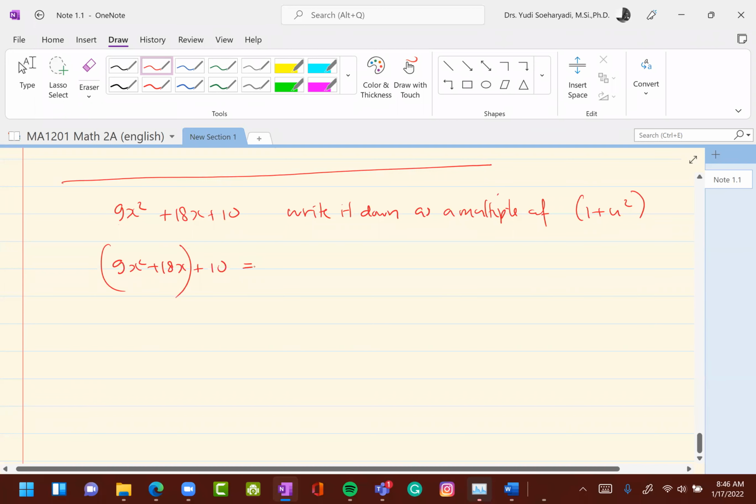So this gives you 3x plus 1, and we still have to add something there, because then we have 3 squared, 9. So 2 times 3 times 3, so 18x.